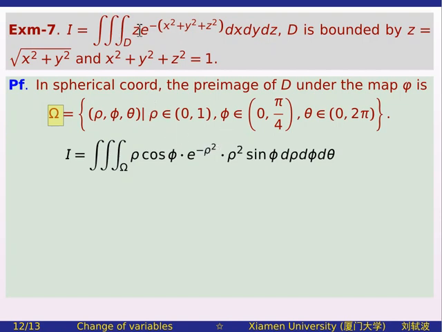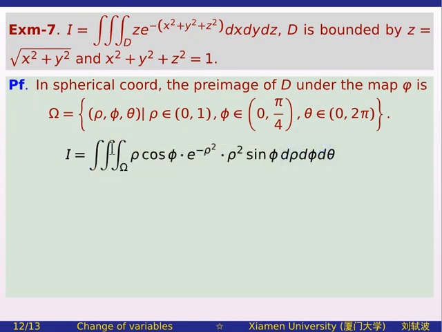The integrand z e to the minus x squared plus y squared plus z squared is rho cosine phi times e to the minus rho squared in spherical coordinates. Then the Jacobian determinant is rho squared sine phi. So our integral equals this new integral over the new domain.